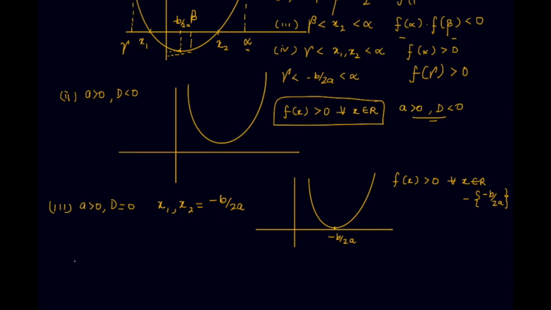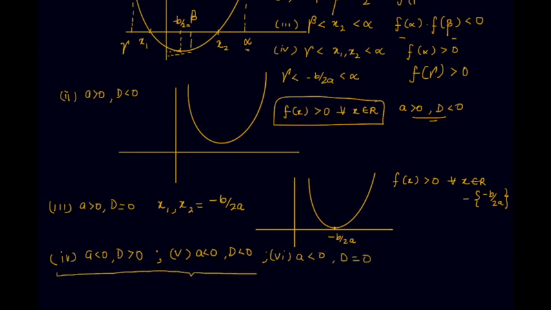Now there are three more cases: when the value of a is less than 0 and the discriminant is greater than 0, when a is less than 0 and d is less than 0, and when a is less than 0 and d equals 0.